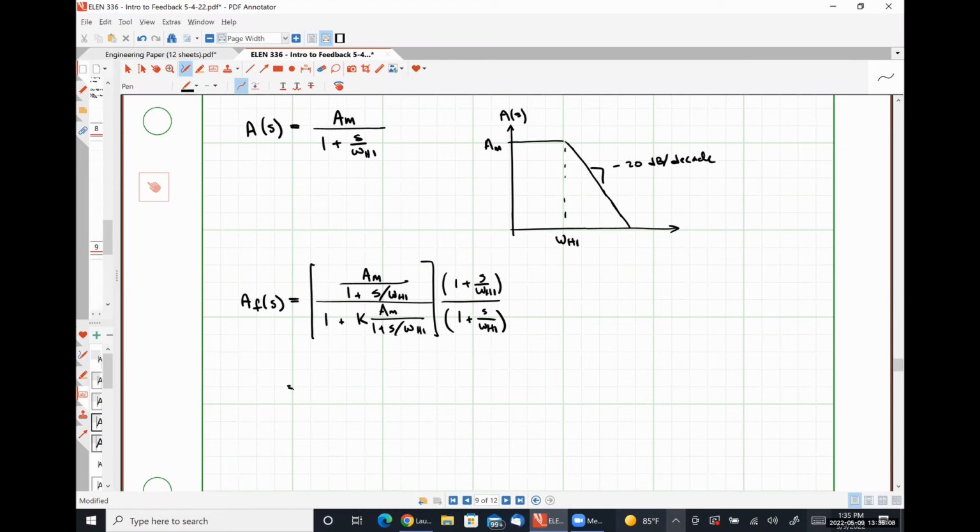And this will give me AM divided by 1 plus KAM plus S over omega high. Well, now what I'm going to do is multiply by a factor of 1 plus KAM over 1 plus KAM.